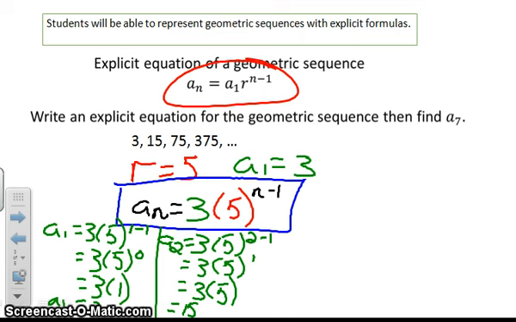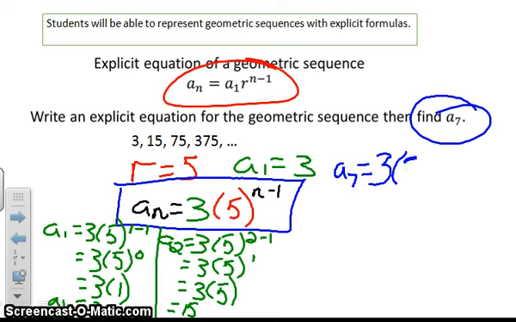All right. No, don't skip it yet. So now the second part of the problem was find a sub 7. We're going to find the 7th term. So a sub 7 equals 3 times 5 to the power of 7 minus 1. So it's 3 times 5 to the power of 6.